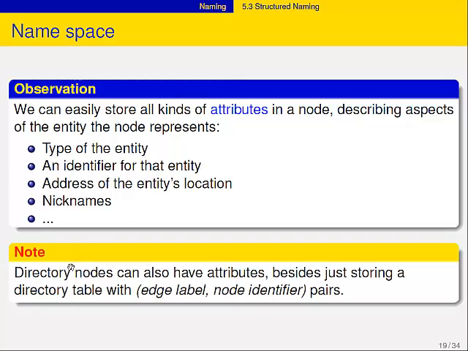And of course, the directory nodes can have attributes as well. And for those familiar with file systems, you know this. Directories in Unix are special files, and they contain all kinds of information on basically what they're pointing to. And this holds for any reasonable file system.